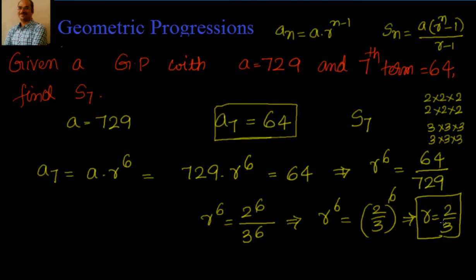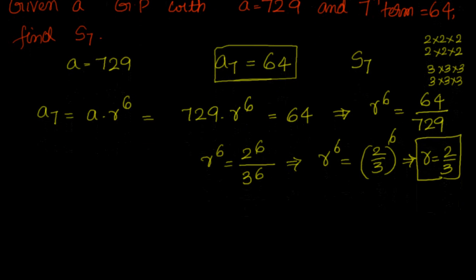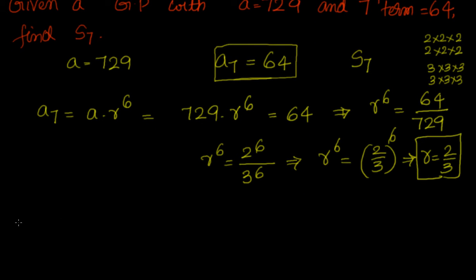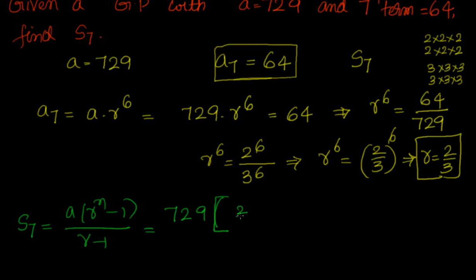Now we have a, we know r, we can easily find out the value of S7. Now S7 is equal to, substituting in the formula, a into (r to the power of n minus 1) by (r minus 1). That's equal to a is 729 into (2 by 3 whole to the power of 7 minus 1) divided by (2 by 3 minus 1).